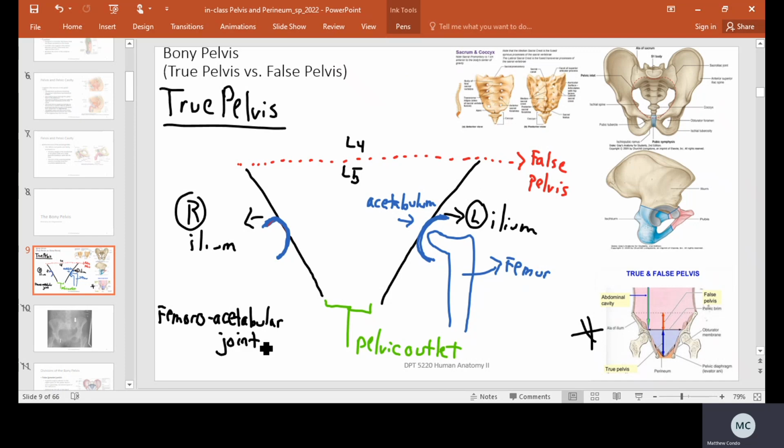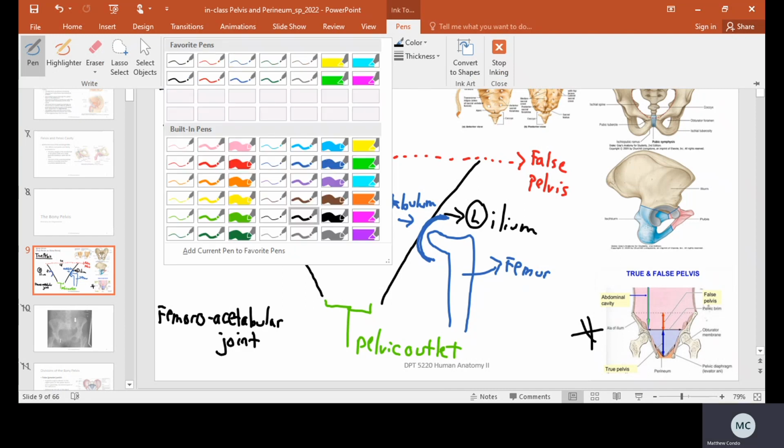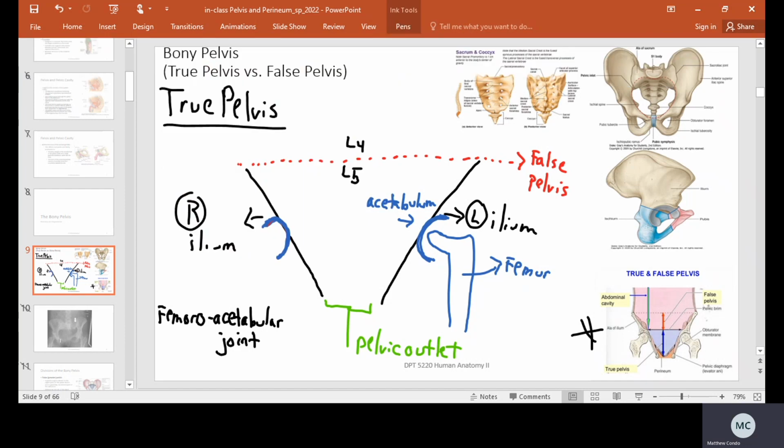The reason that's important in terms of true pelvis versus false pelvis is that right at the very top, the superior aspect, I'm trying to find a color here, that'll work. Right at that very superior aspect of where the acetabulums are, that's going to be really where my true pelvis is.